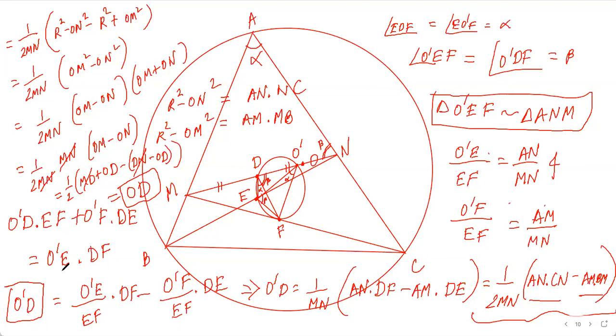Sir, how do you know that O dash is not on the opposite side of the? Okay. So you're saying that suppose the circle was something like this and O dash was on the other side, or maybe O is on the other side of this and O dash D is equal to OD.